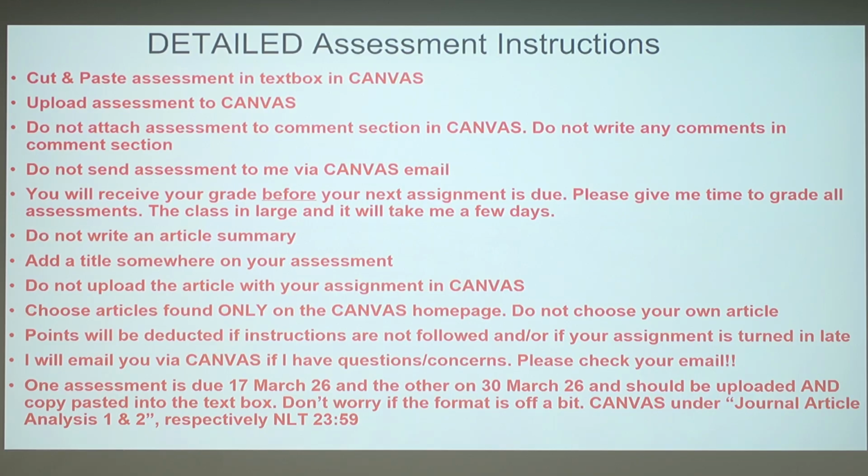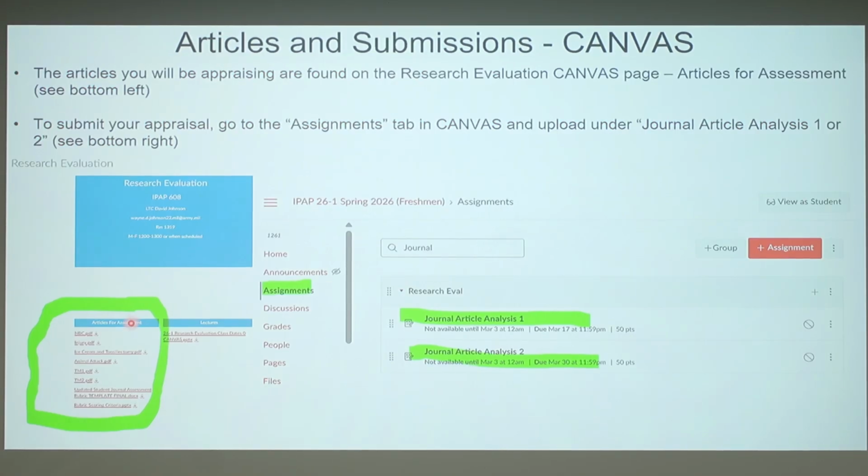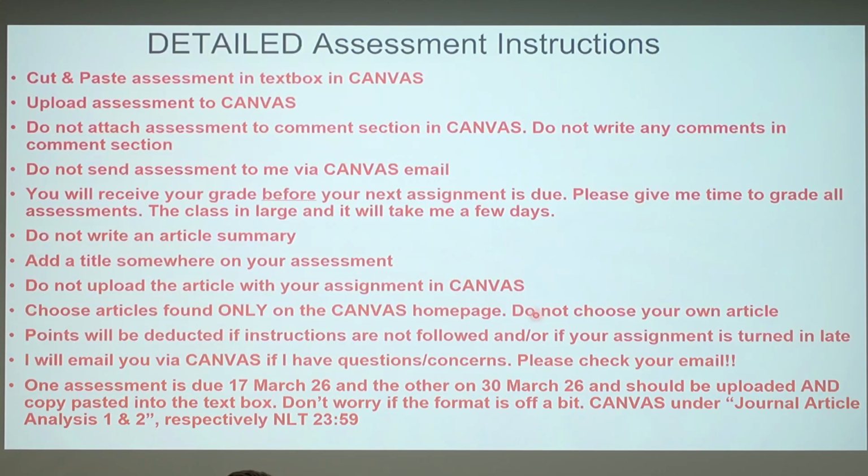Please make sure you upload them on time. And here's where the articles will be found on the Canvas cover page with the rubrics. There's a template that you can use to do the assessments, and here's where you will upload them on Canvas. You can just search journal and it'll give you the different assignments, and you'll just upload them to Canvas. Remember, follow these instructions.